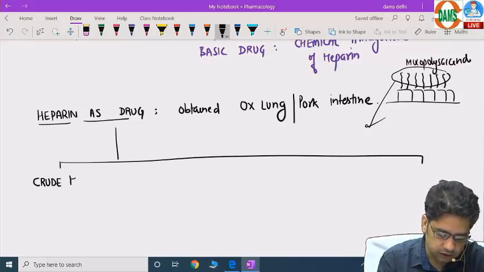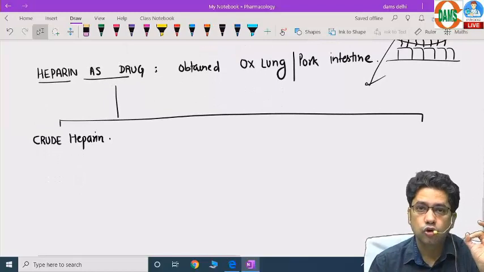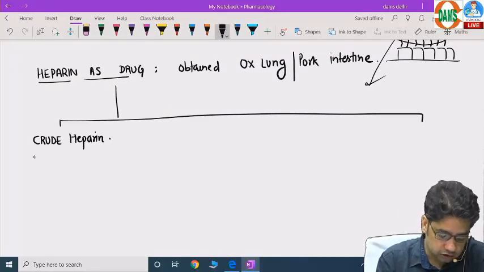Do you agree with this point? This type of heparin is known as crude heparin. It is also known as unfractionated heparin.